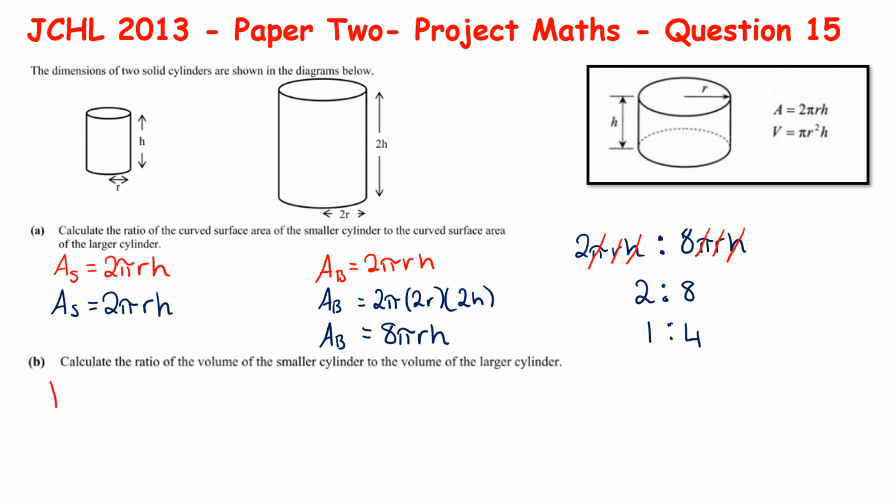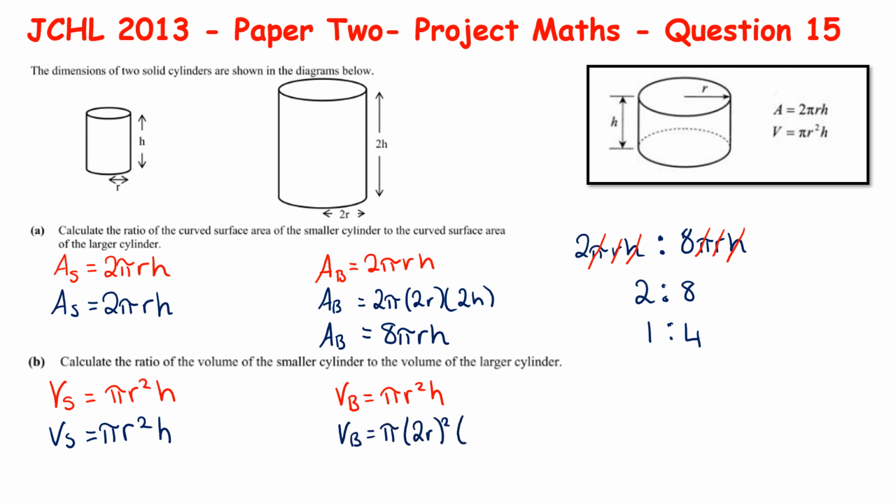So again, let's focus on just getting the volume. V S is going to be pi r squared h, and the same for the big. The difference is going to happen with our substitution. So this is pi r squared h, nothing changes. For the big cylinder, we have pi, the radius is 2r and that's squared, and then the height is 2h.